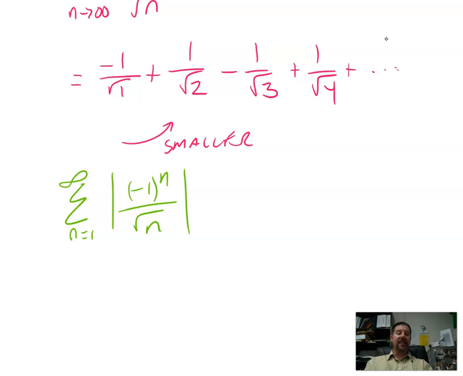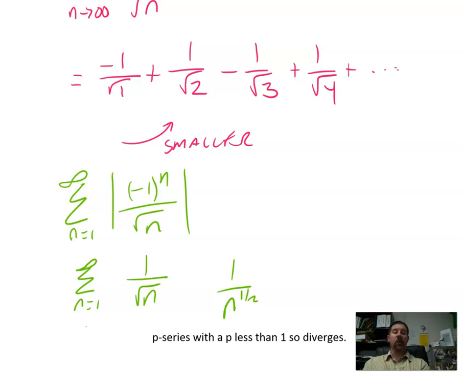That gets rid of the negative 1 to the n part, because that's always going to be positive. So I'm really looking at the series from n equals 1 to infinity of 1 over the square root of n, or 1 over n to the 1/2. Now, I know that because of the p-series, with p less than 1, this is going to diverge.